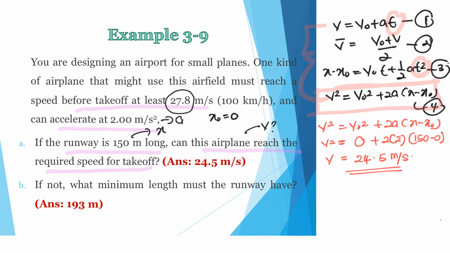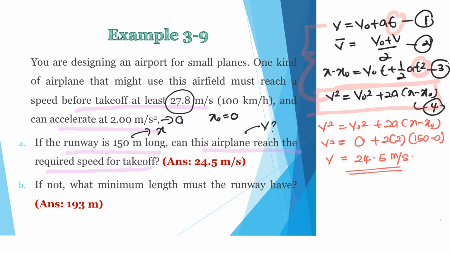And then the next question. Right now you get 24.5 meters per second, which means that it's not the required speed to take off. So this airplane definitely will not take off.